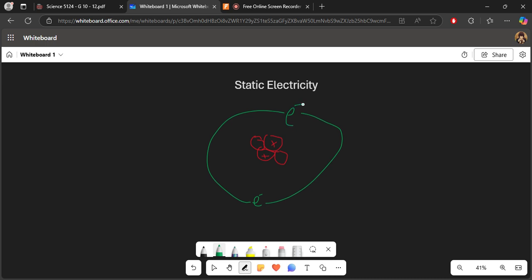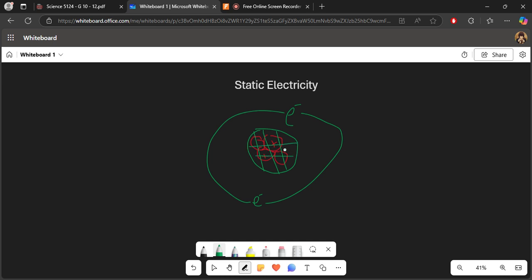Our electrons are in the orbitals, in the energy levels, and they are free to move. While our protons are trapped in the nucleus. They're in a cage, they cannot go anywhere.